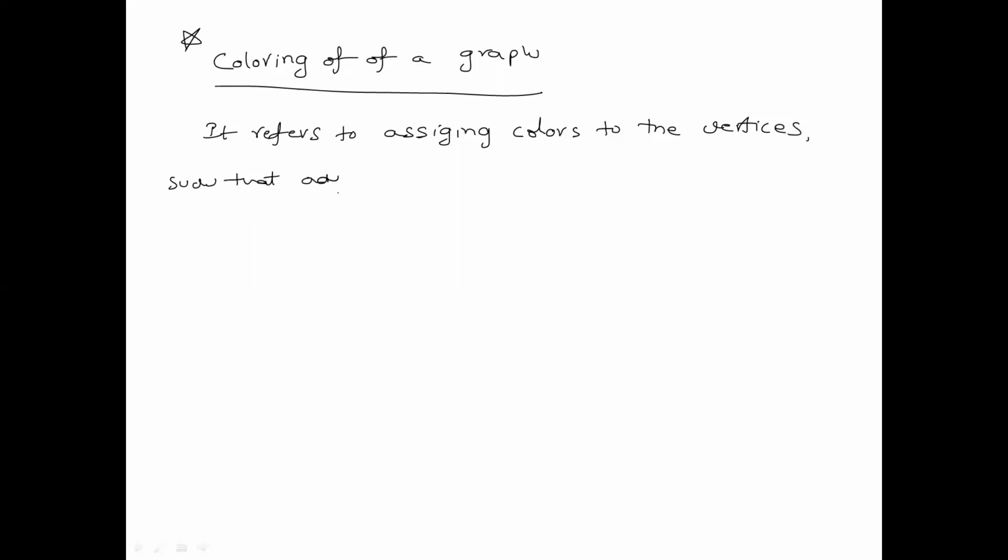So what do you mean by coloring of a graph? Coloring of a graph refers to assigning colors to the vertices such that adjacent vertices should not have the same color.